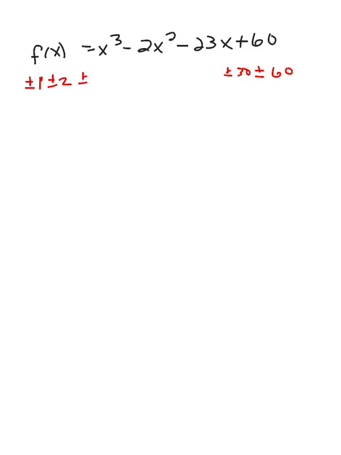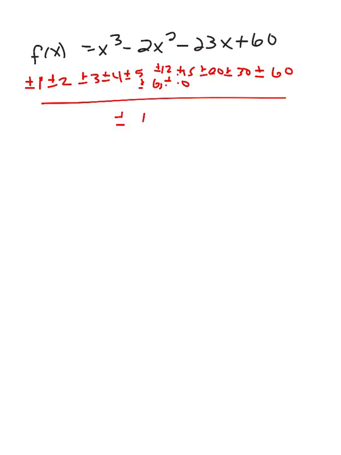Plus minus 3 and 20. Plus minus 4 and 15. Plus minus 5 and 12. And I have plus minus 6. Sorry, I kind of ran out of room. Plus minus 10, over plus minus 1. So when you divide by 1, you just get all those numbers in the top.